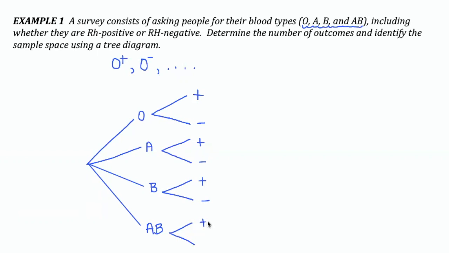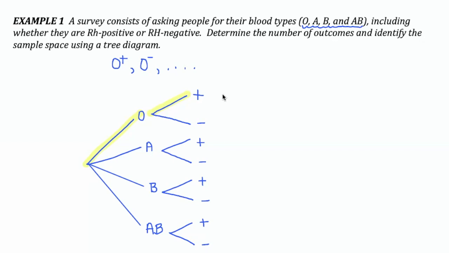So this is a completed tree diagram. And the way that you read the tree diagram to determine the number of outcomes in the sample space is by walking along the branches. So imagine starting here and choosing one path and choosing a path off of that. So you walk from the starting point to an end branch.